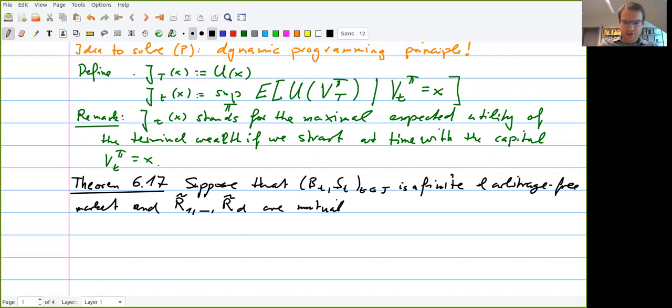But the main point here is that, if you have seen it, the underlying market becomes a Markov process. And we just make a stronger assumption here in order not necessarily to talk about Markov processes.